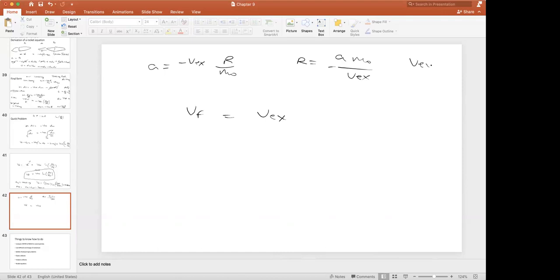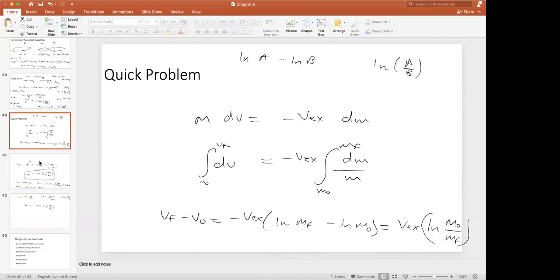Or solving this for vex, you would get minus a m naught over r is what I mean. So if I gave you the initial acceleration, the initial mass, and the rate, you could get vex, and then figuring out this was mass initial over mass final, if I did that correctly.